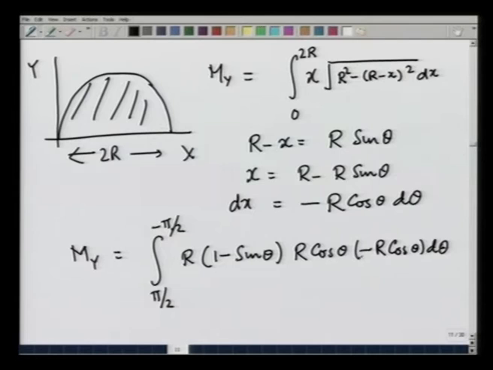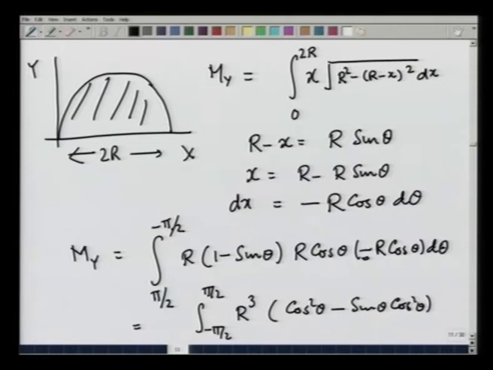Because of this minus sign here, I can write this as integration from minus pi by 2 to pi by 2 of r cubed times cosine square theta minus sine theta cosine square theta d theta. This is a simple integration which we can perform.